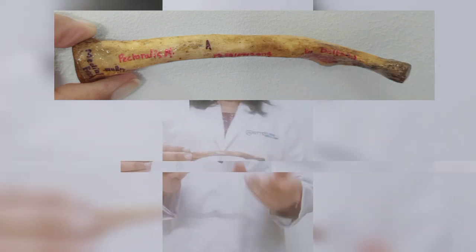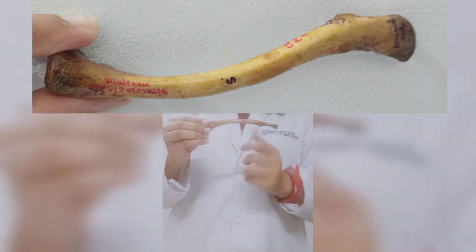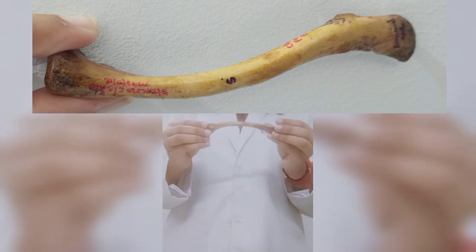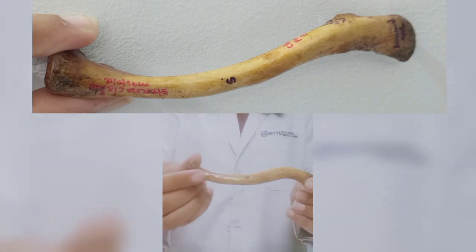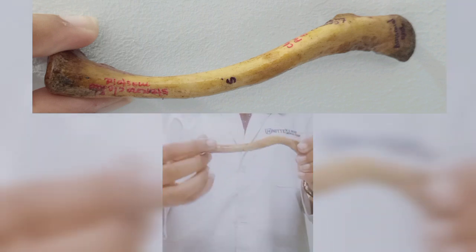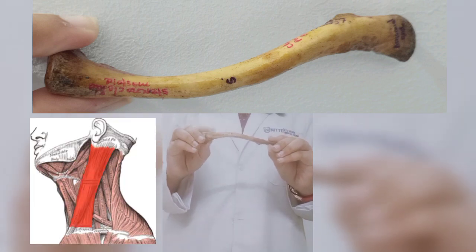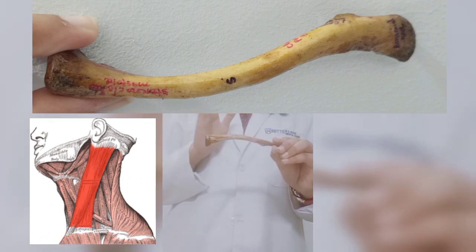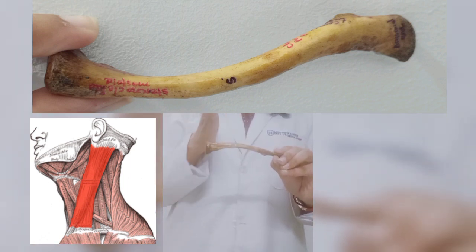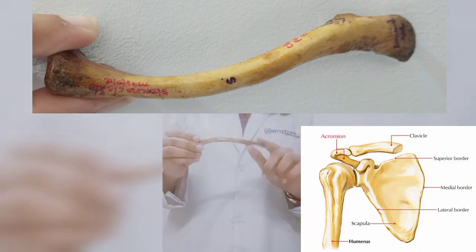After the anterior surface, we will talk about the superior surface. This is the acromial end, and this is the medial end. At the medial end, sternocleidomastoid muscle attaches, whereas laterally the scapula attaches.